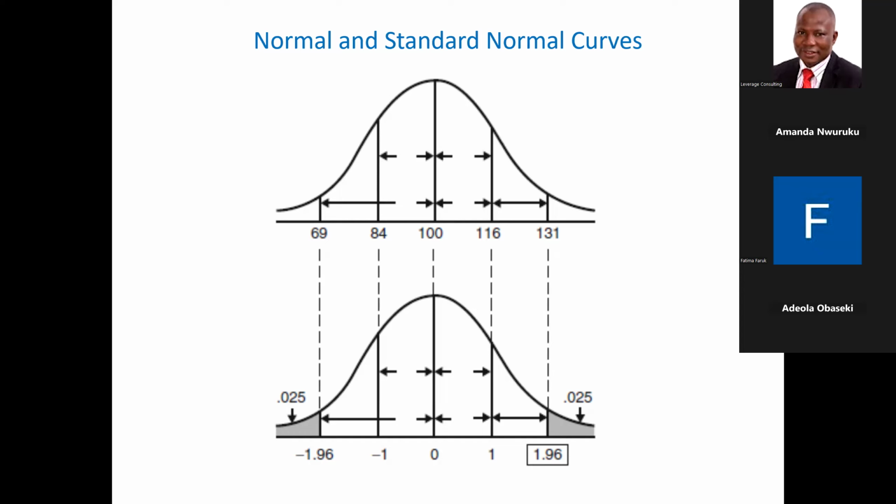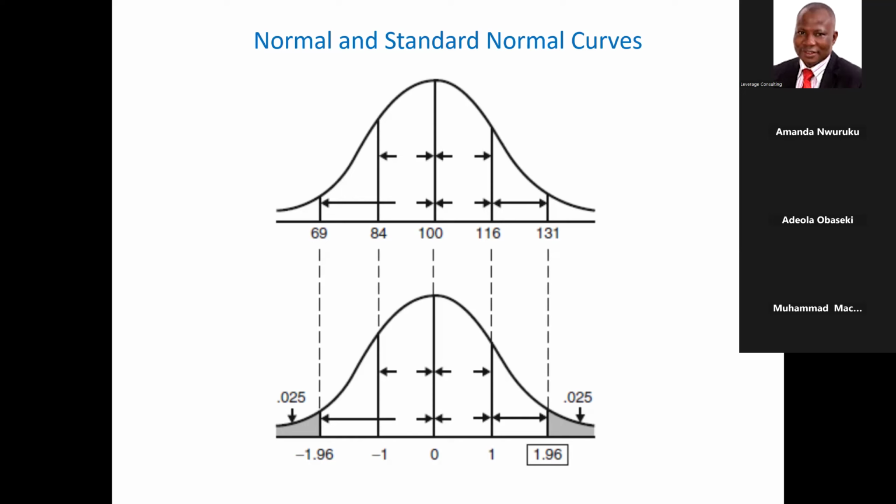You see, the upper one is the normal distribution. The lower one is a standard normal distribution, which has been converted to z-score. And I now ask you, what was the mean blood pressure? Somebody says 100. What is the standard deviation? Somebody says 16. So we have cleared that.